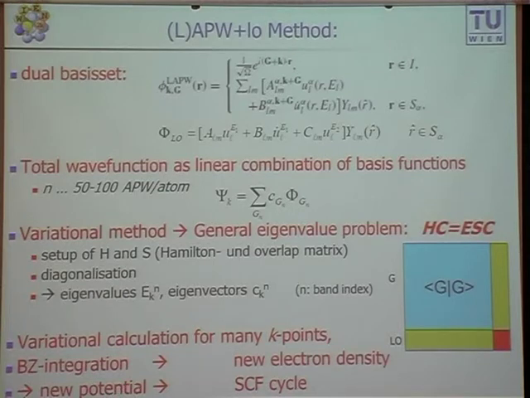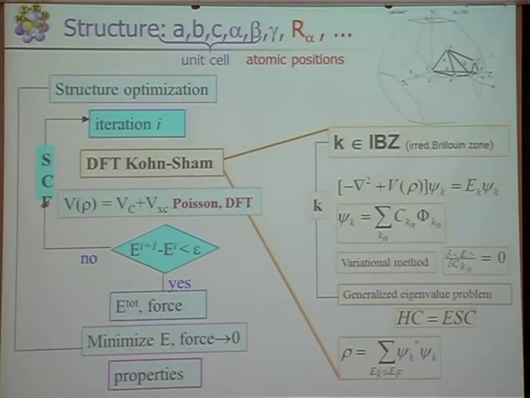This gives me a new potential, and this leads to this SCF cycle, which was stressed in a couple of talks before. So the actual calculations are usually really loops within loops, many loops within many loops, if you really want to do a calculation from full first principles without any knowledge.